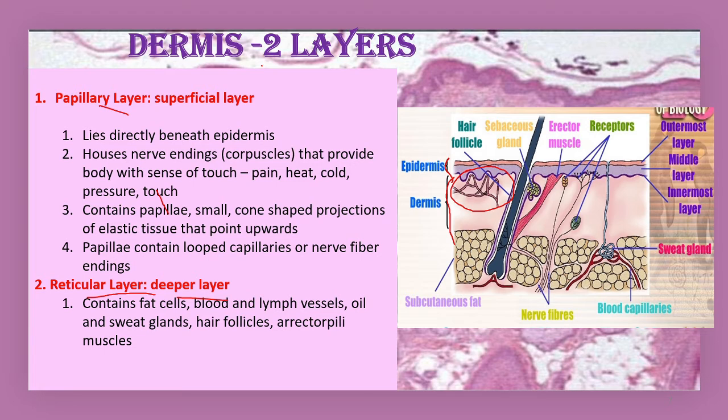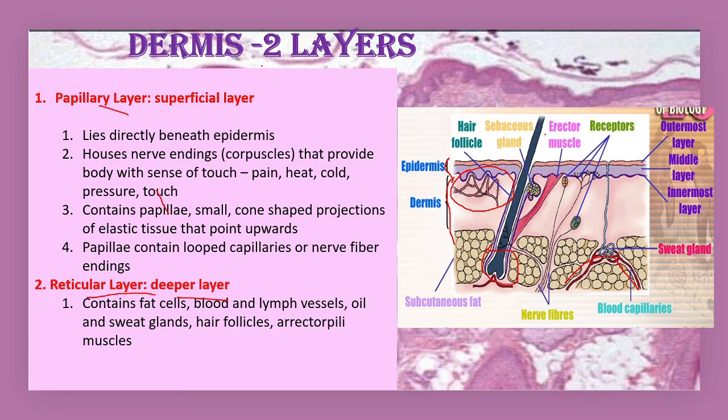In this region, you can also see the blood capillaries. You can see this is the blood capillary here. So this is the blood capillary present in this region. Below this, you can see the hair follicle, and this is the shaft of the hair.